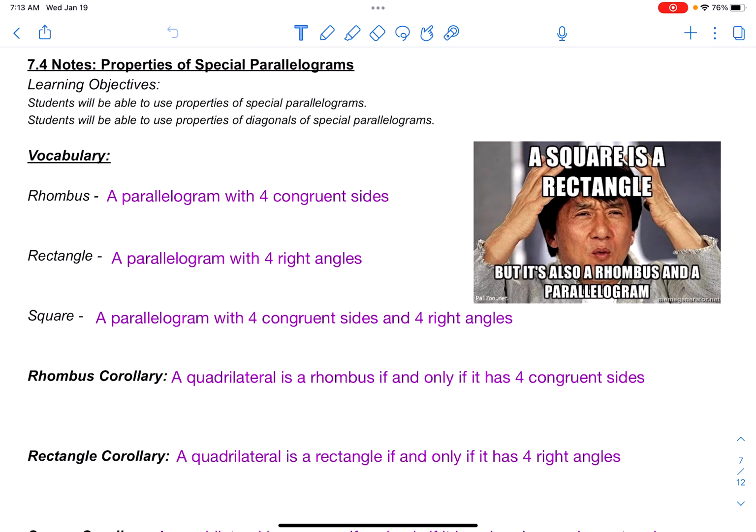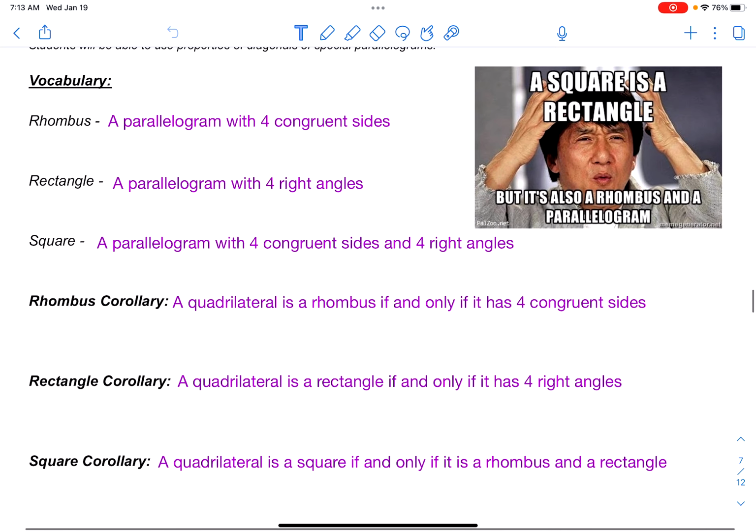Whereas if we have a shape and it just tells us these 4 angles are right angles, then we have a rectangle. So you just have to pay attention to all of the little details to determine what type of shape we have. And that's what these next 3 definitions get into a little bit.